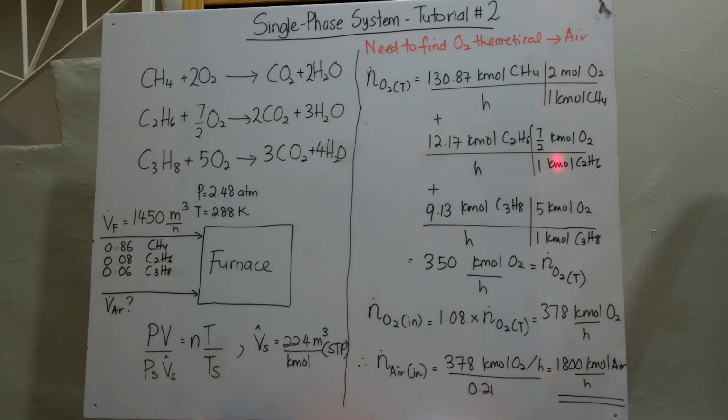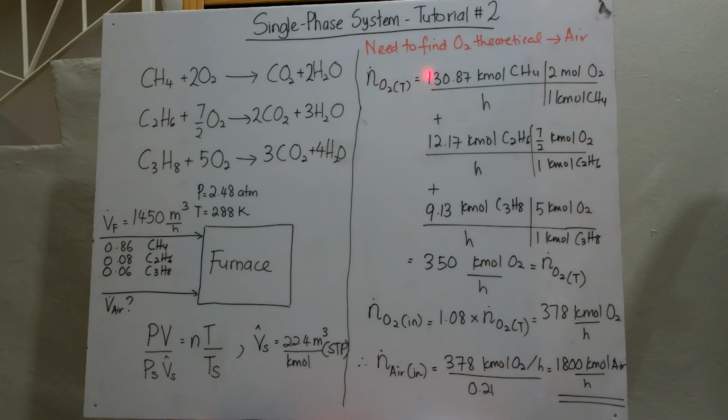Then the molar flow rate for ethane times the ratio of ethane and oxygen from the equation, plus propane: the molar flow rate for propane times the ratio of required propane and oxygen in this reaction.